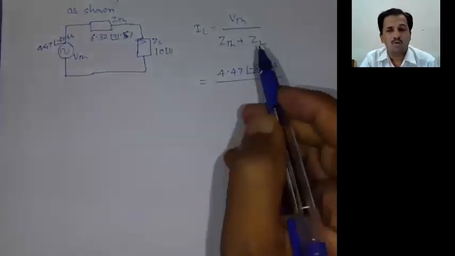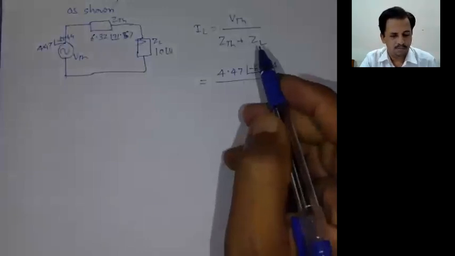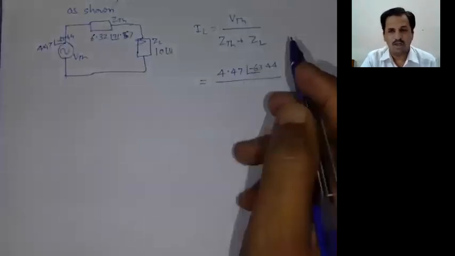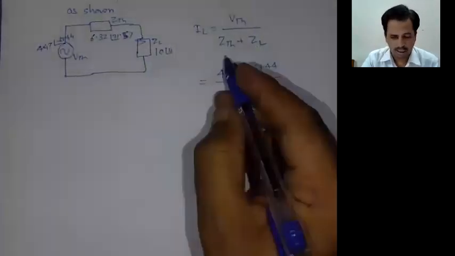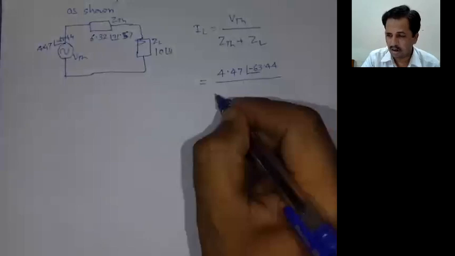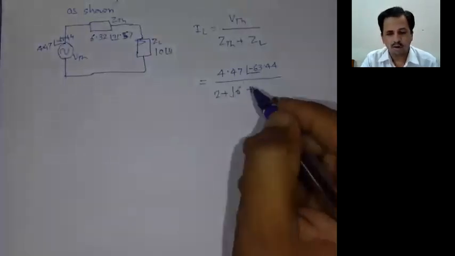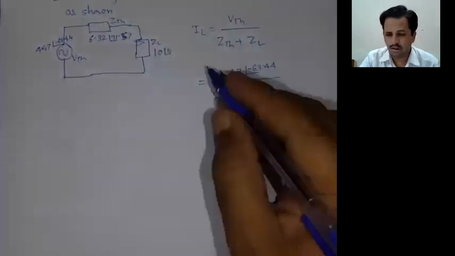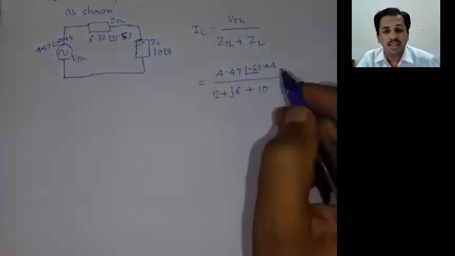For the addition, we require the quantities in rectangular form, and the rectangular form for ZTH we earlier represented as 2 plus j6. Now this 10 is simply represented as 10 because it is the resistive component.